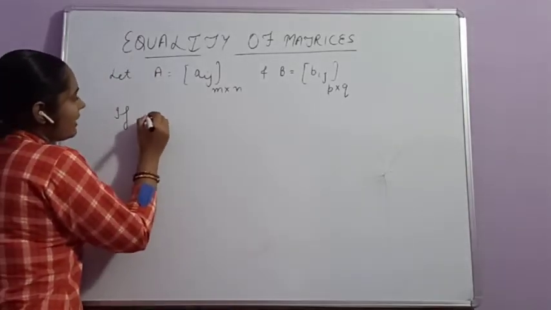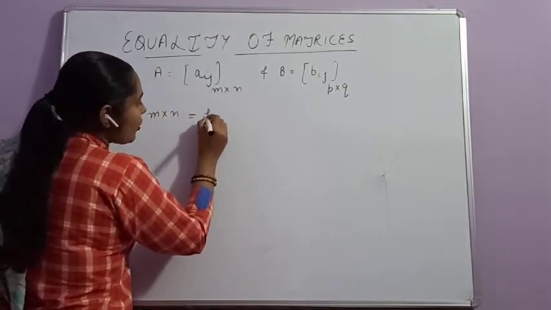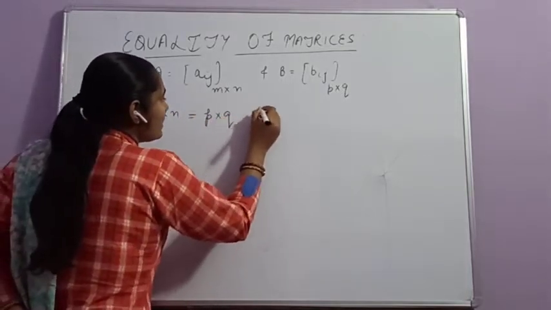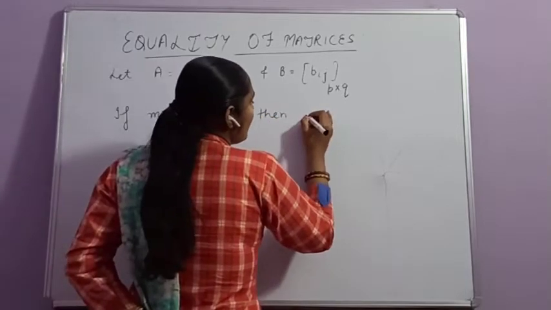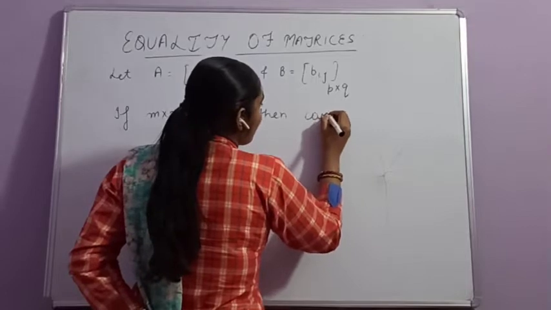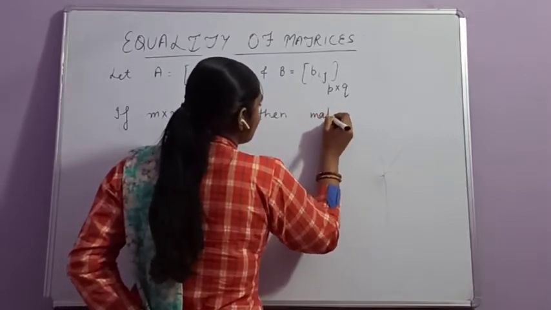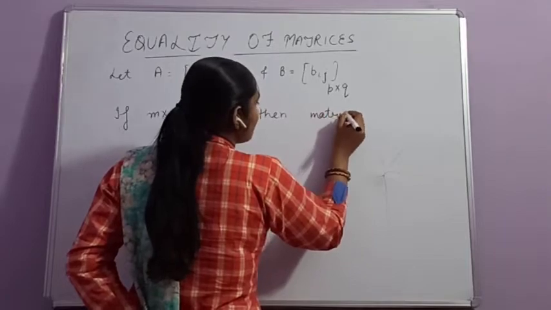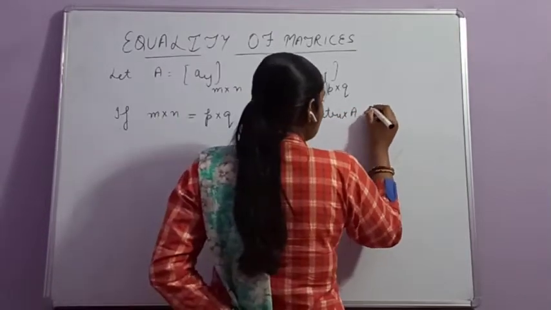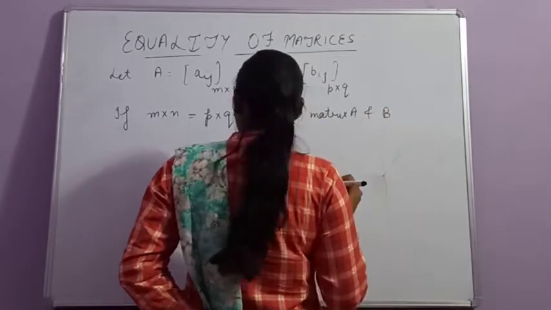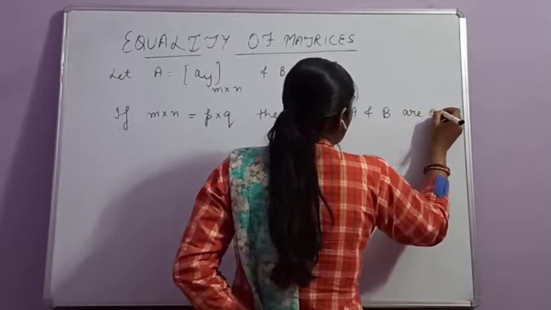If m cross n is equal to p cross q, then matrix A and B are equal.